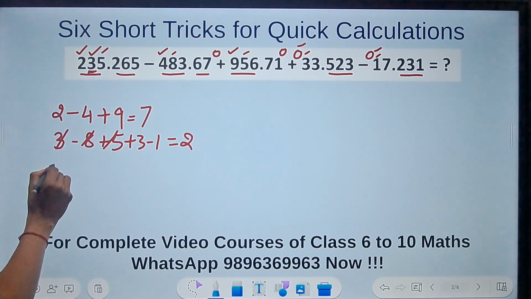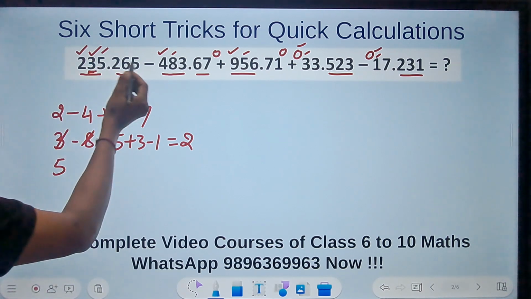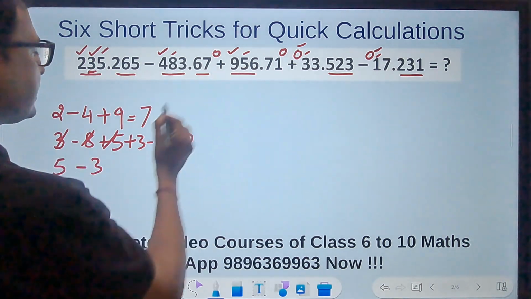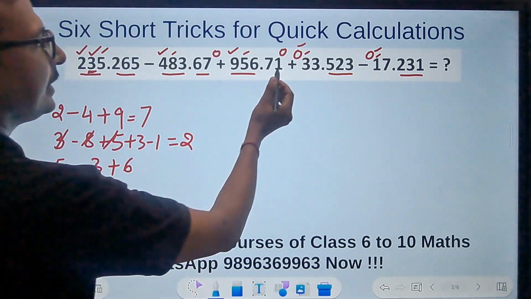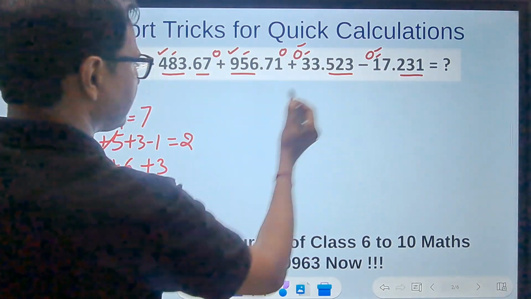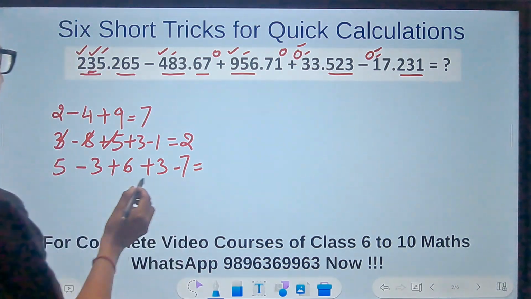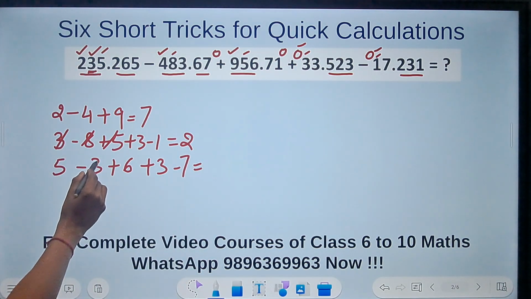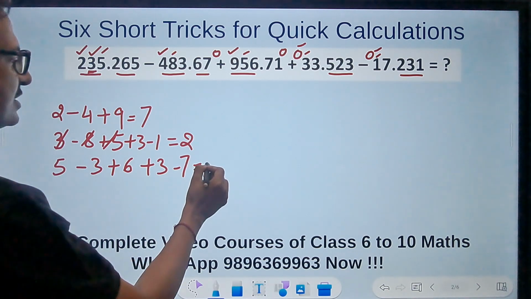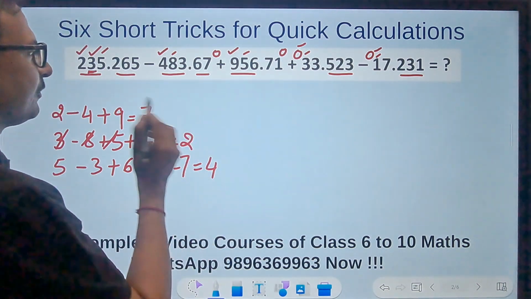Likewise the next digit 5, the one before the decimal, 5 minus 3, then plus 6 and then plus 3 and finally we have this minus 7. So how much will this give us? This is 5 minus 3, 2, 2 plus 9 is 11 and 11 minus 7 is 4. So we have a 4.